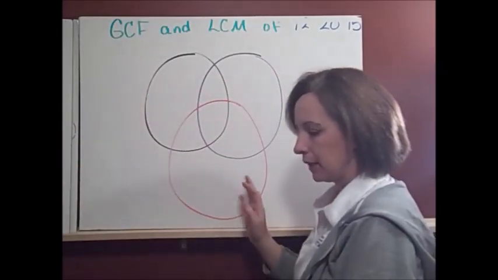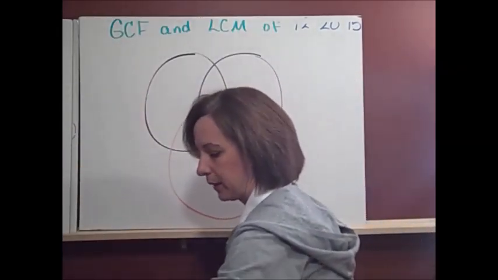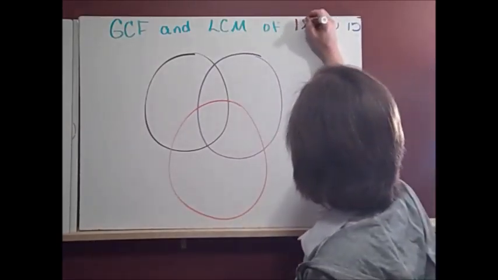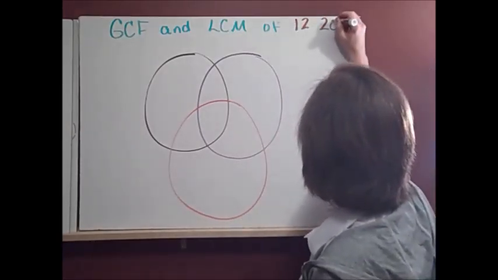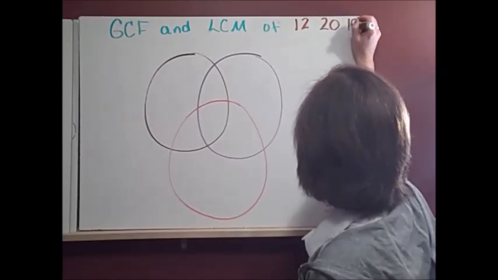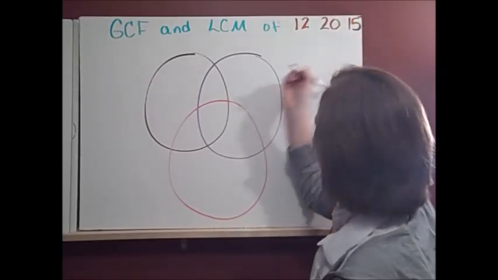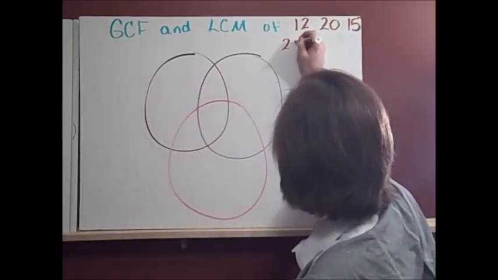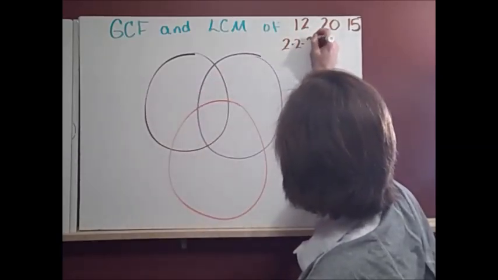So here is another triple diagram that we can check out. We are going to look for the GCF and the LCM of 12 and 20 and 15. So again, we'll start with our trees, which we just did. So I'm just going to write the prime factorization of each of these.